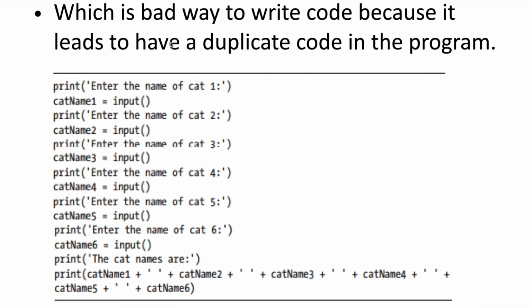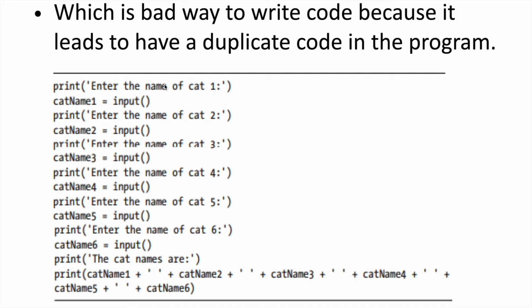See, this is a bad way to write code because this leads to duplicate code in the program. What I'm trying to do here is ask the user to enter the cat name, and once the user enters it, I'm creating separate variables to store all the cat names. Here I'm trying to store the 6 cat names in 6 different variables, from 1 to 6.